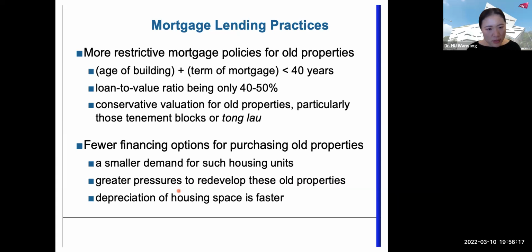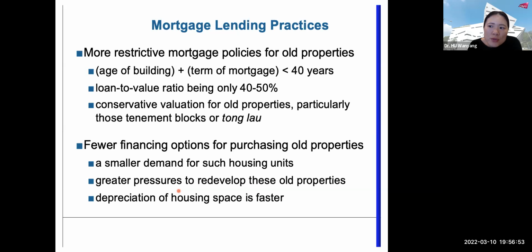Okay, so the mortgage policies are not very favorable to those old properties. Because of the restrictions in the financing avenues, the financing options for purchasing these old properties will be fewer. This will lead to a smaller demand for such housing units because people find it difficult to get loans. If you want to move to a very old housing unit, it's difficult to get loans, right?